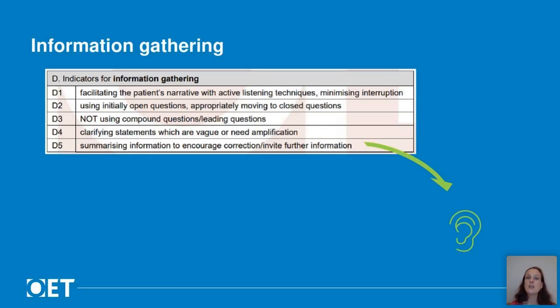To do this, you need to give the patient opportunities to speak by asking open questions first, so they tell you the situation in their own words, before clarifying what they've told you using closed questions. When they're speaking, show that you are listening by not interrupting, providing encouragement through sounds like uh-huh, right, and then responding using some of what they told you or give a summary of what you have understood.